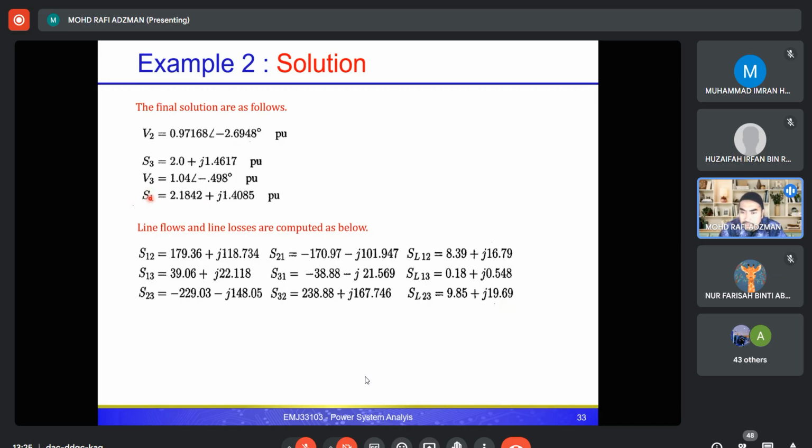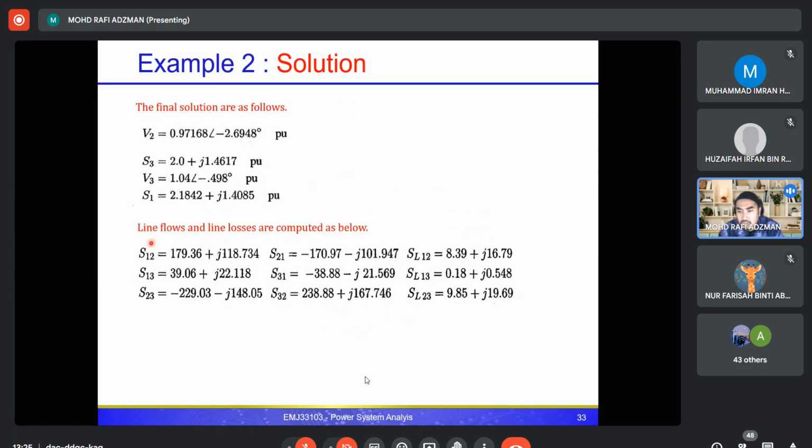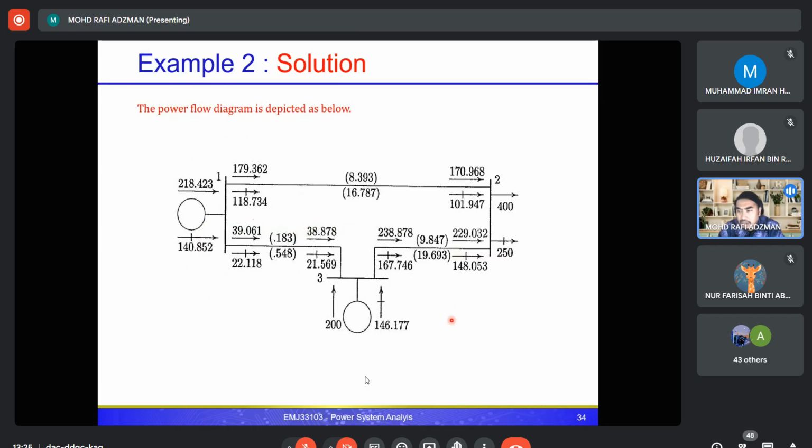All the S1, the apparent power for bus 1. So you can draw the power flow diagram. Okay. So this one I don't want to repeat, but it's the same as example number 1. So all the parameters according to this value and this value. And don't forget that in this part you have a PV bus.